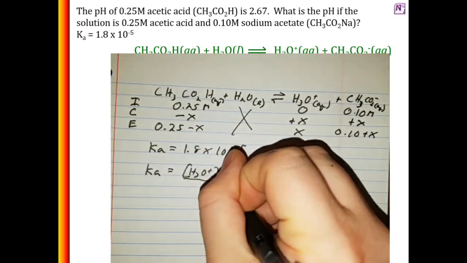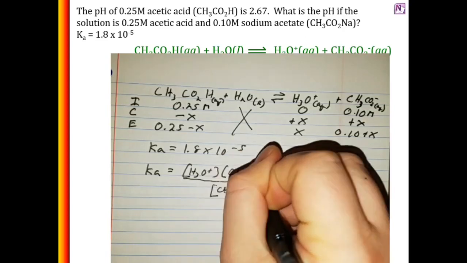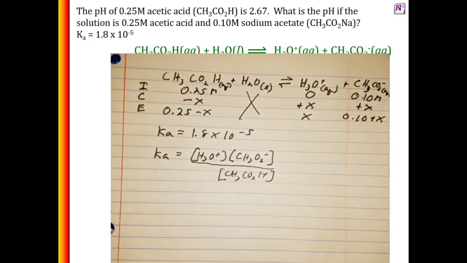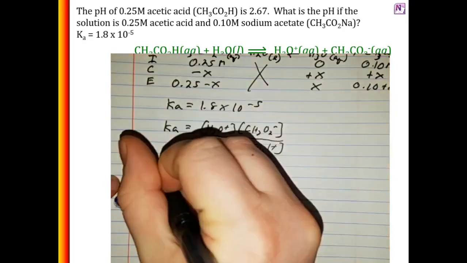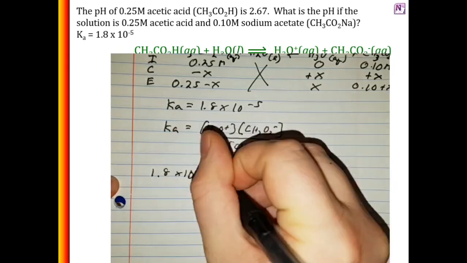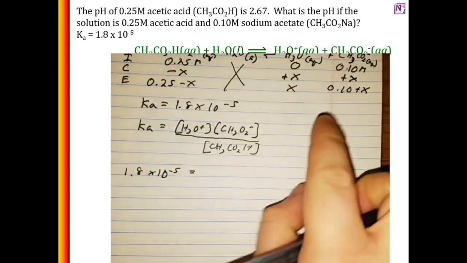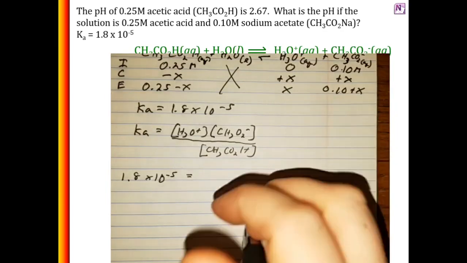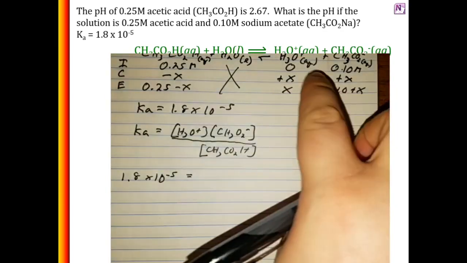Now we want to set this up in terms of our x. We'll write our Ka, 1.8 times 10 to the minus 5. I'm going to put our Ka expression in terms of x. In other words, we're going to drag down our bottom line. Remember, products over reactants.